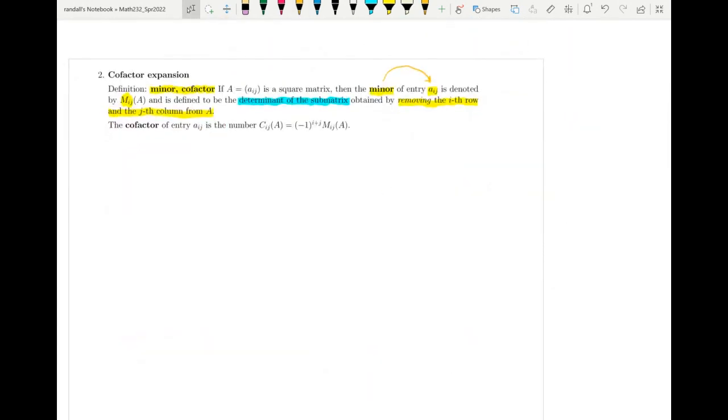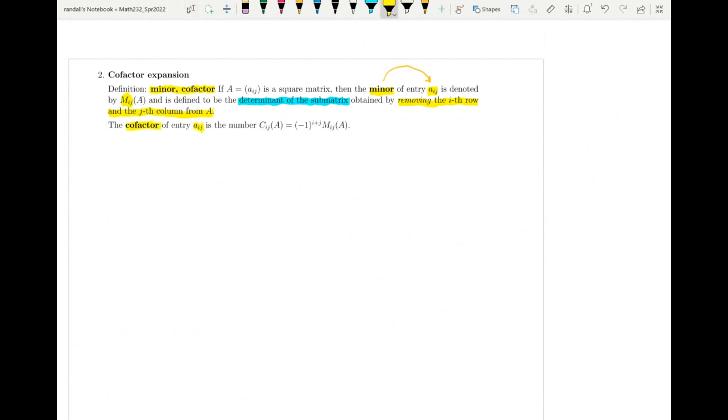So the little aij and the big Mij. Now, when you're computing Mij, remember, it's the determinant of a submatrix. So you'll have to sit down and work out its determinant first. And then the cofactor, you put those two together.